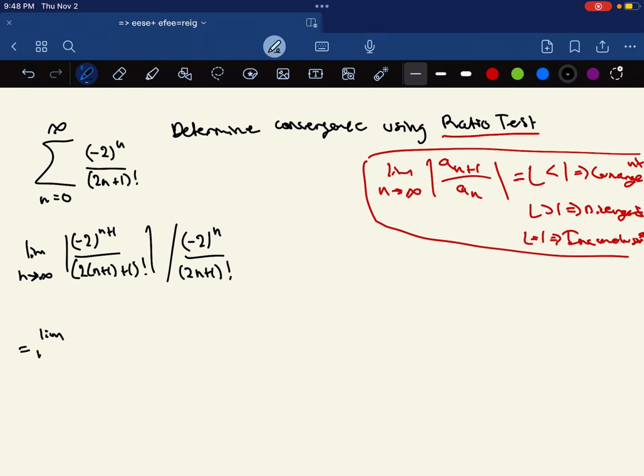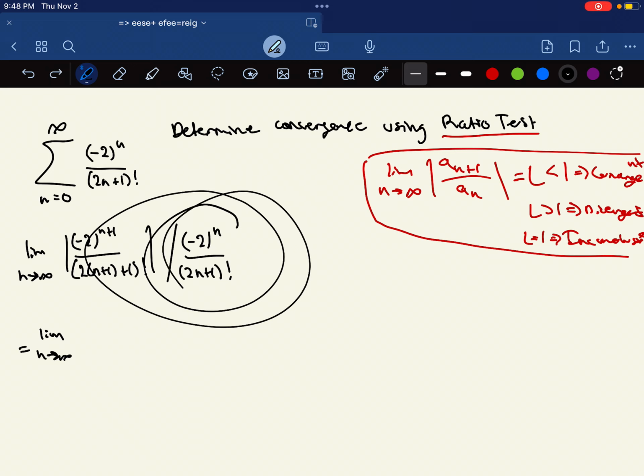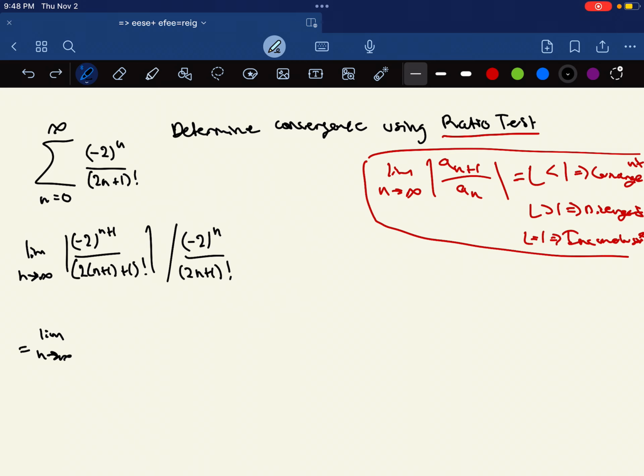Okay, so as the limit approaches infinity, we'll also multiply by the reciprocal of this, because dividing by a fraction is the same as multiplying by a reciprocal. So we'll go 2, I just took the absolute value of the top, to the n plus 1 over 2n plus 2 plus 1.